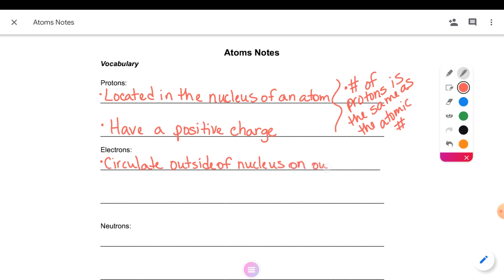On outer shells. Electrons have a negative charge.